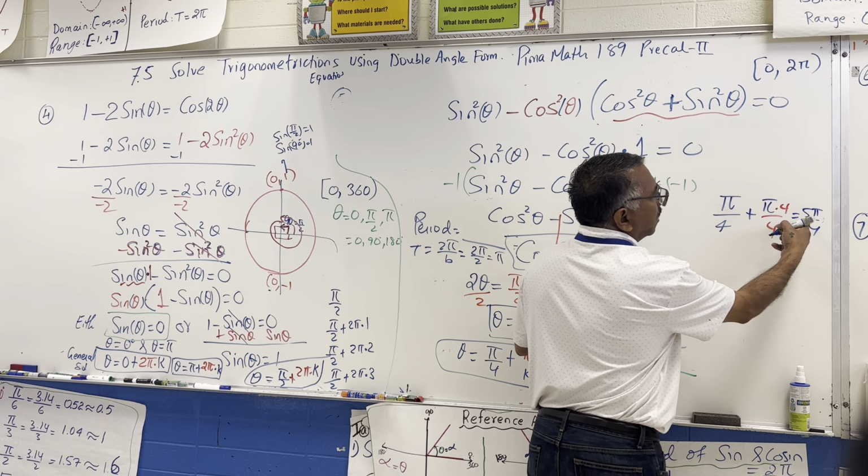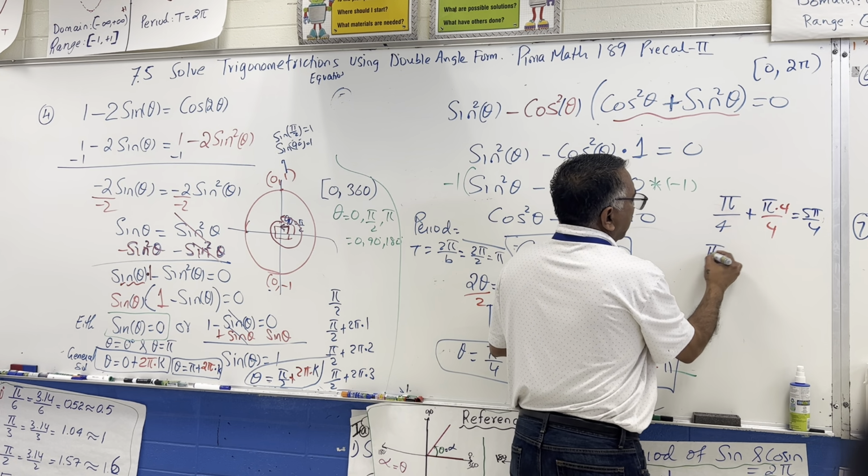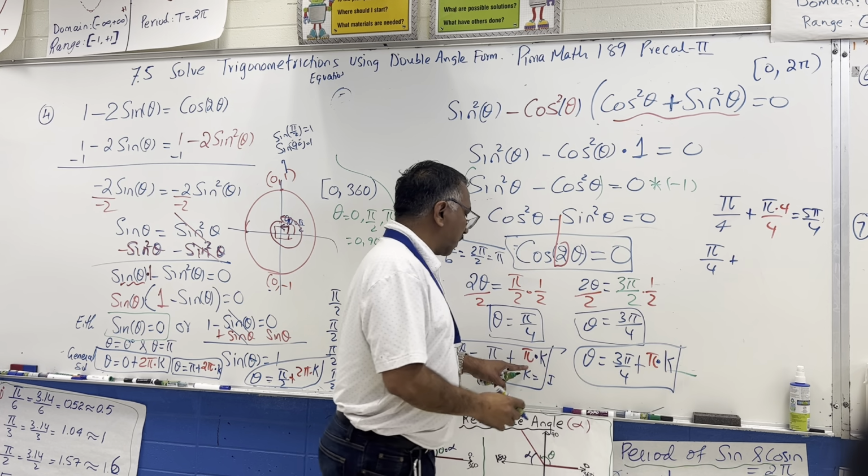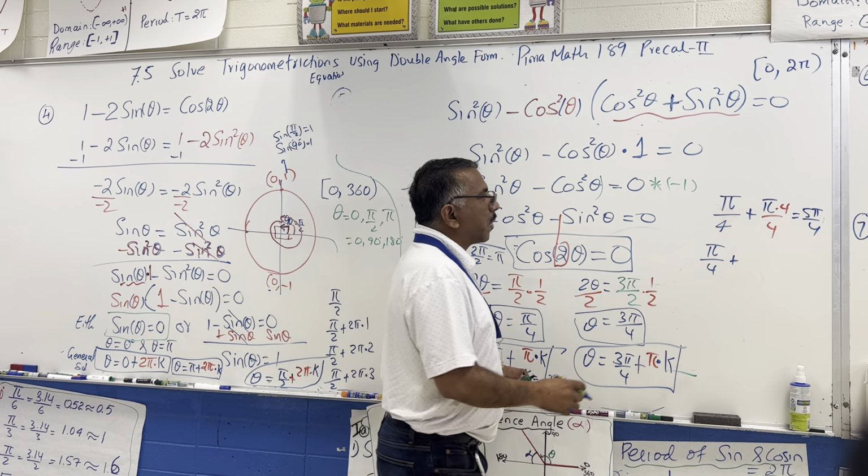So still it is smaller than 2 pi. Then instead of 1 pi, let's take 2 pi. To get the denominator 4, 2 times 4 is 8, 8 plus 1 is 9, so 9 pi by 4. Now that is greater than 2 pi, since 2 pi is 8 pi by 4. So your answer has to be less than 2 pi, so this will not count.